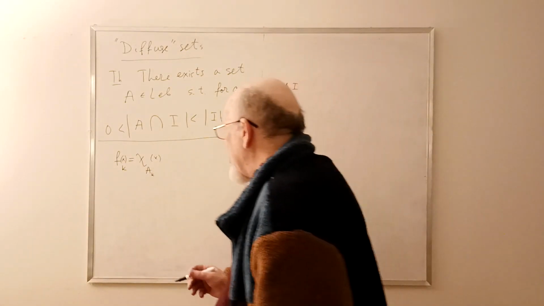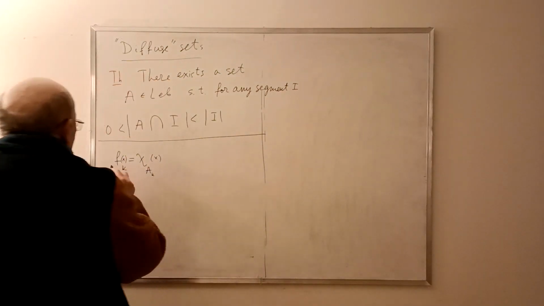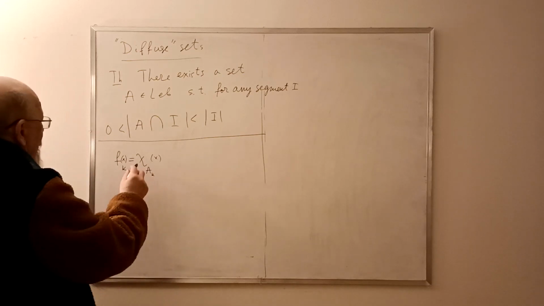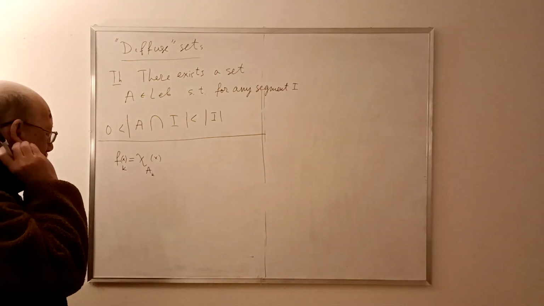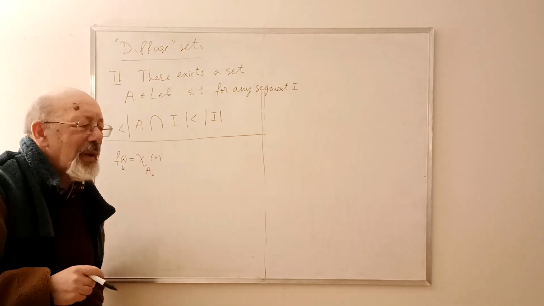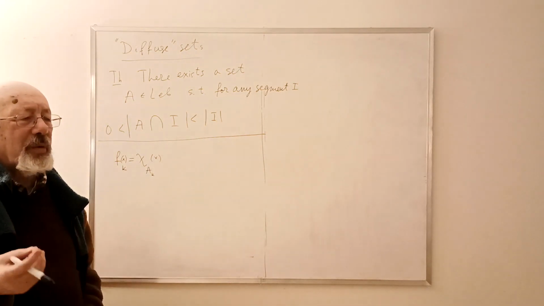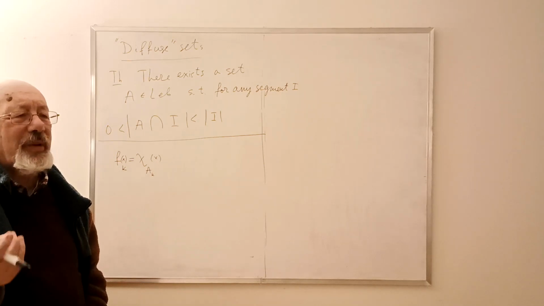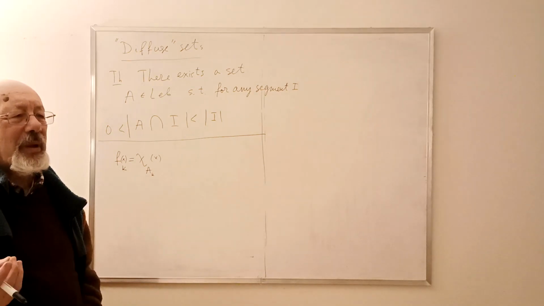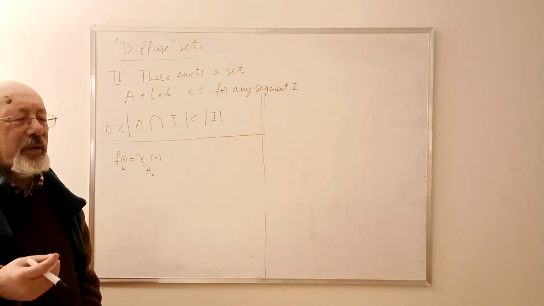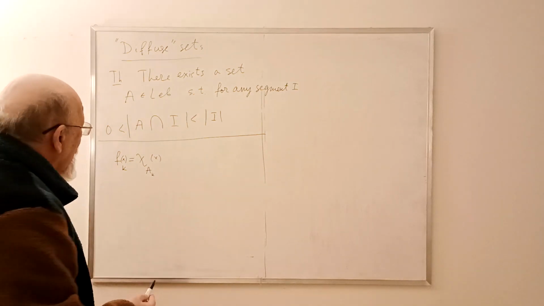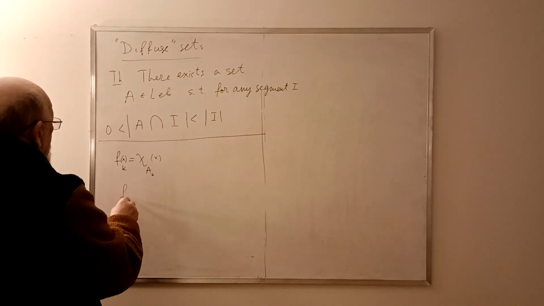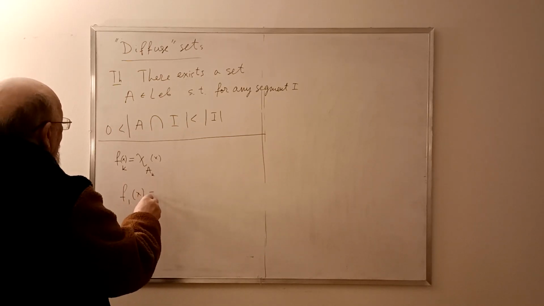I construct a sequence of these characteristic functions, and it turns out that this sequence goes to some limit for almost every point, and this limit will be the characteristic function of our set. The first is f1 of x equals 1.